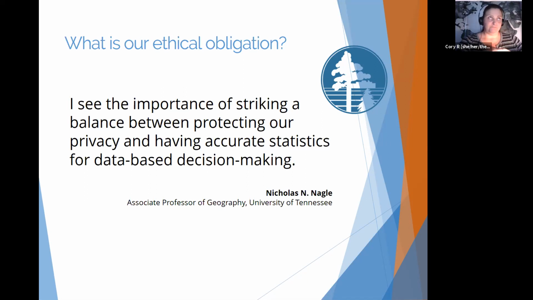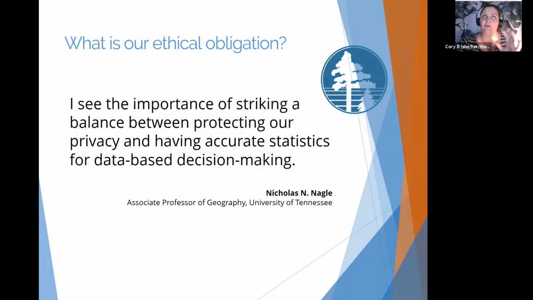I really like this quote that I grabbed from Professor Nagel, and this is in regards to the census and census data anonymization. The point was making sure that we have accurate information in order to do our best with decision making, but how do we balance that with privacy?